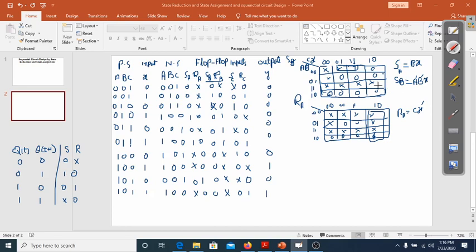Let me erase all these values. For RC, sorry, SC, I am going to solve for XC.